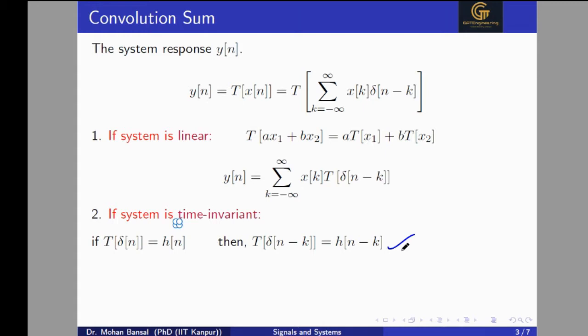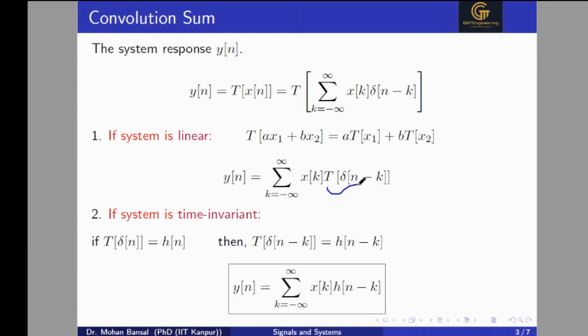So this expression can be written as y[n] equal to the summation of k equal to minus infinity to infinity x[k] h[n minus k], where x[n] is our input signal and h[n] is our system. If we convolve both of them, we get y[n], and this is the convolution sum representation.